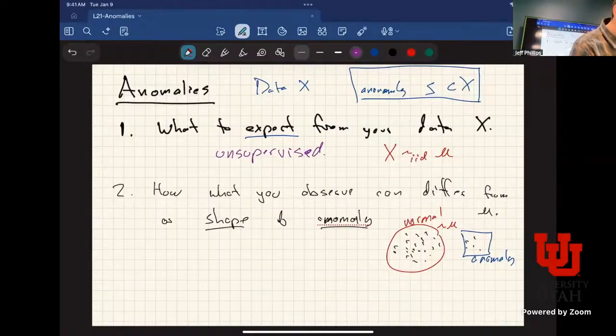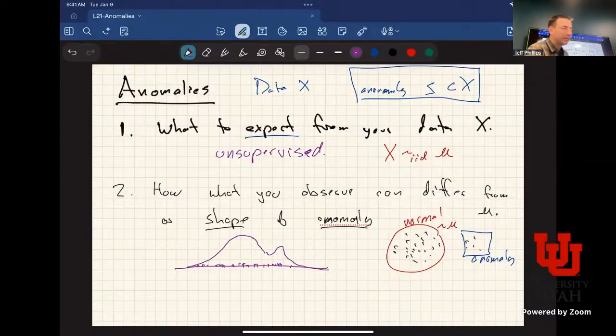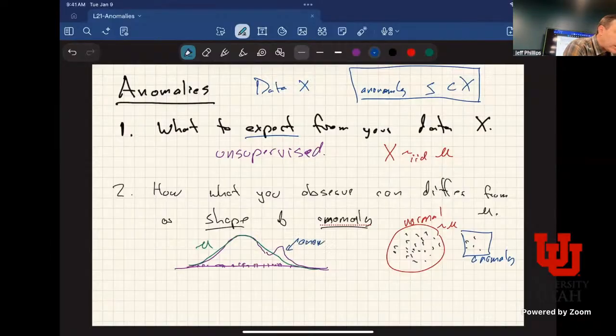This might be easier to see in a one-dimensional example. Let's say I have data that looks like this, a distribution that looks like a normal distribution, but there are a lot of points right here. So the distribution looks like this, with some normal shape, mu, and then some anomaly here.